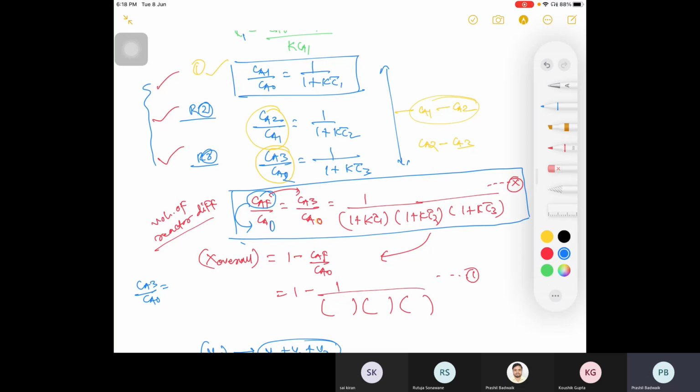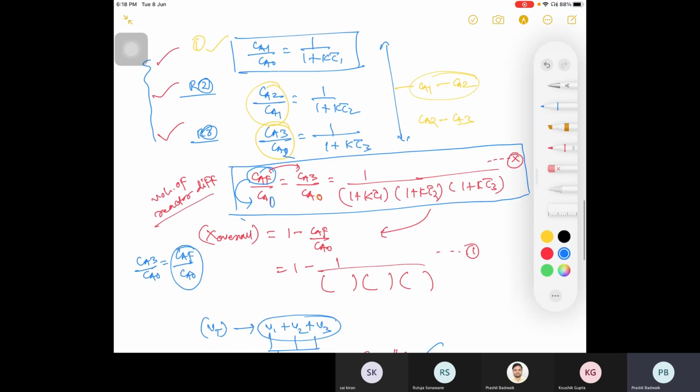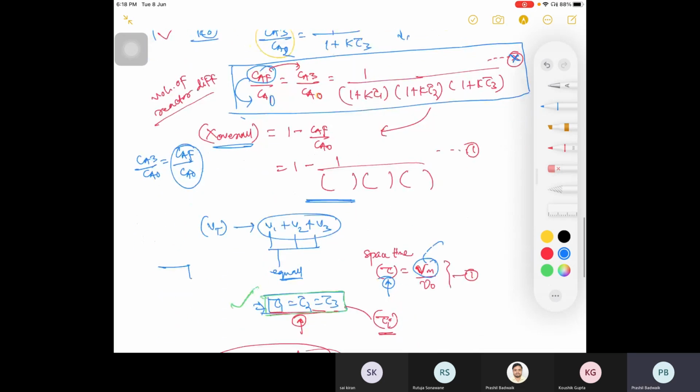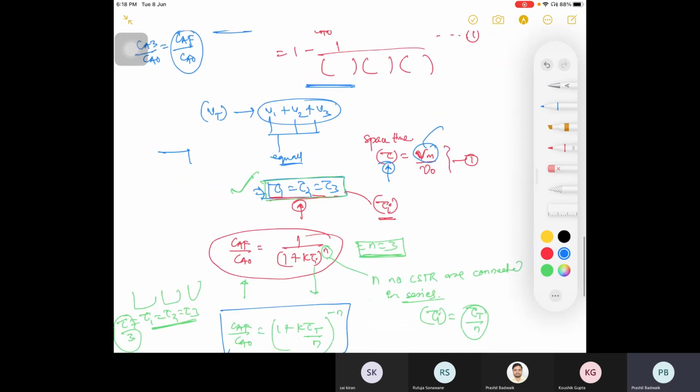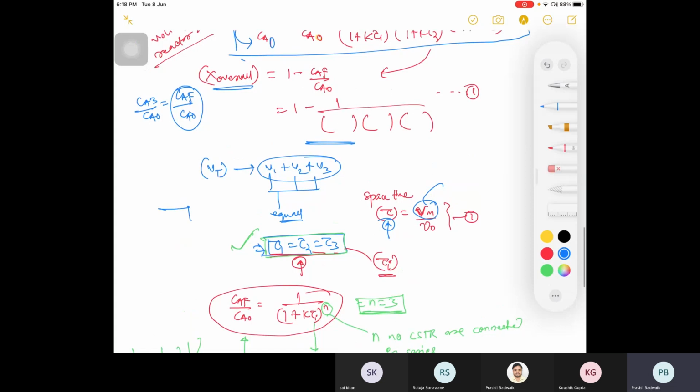If it is n number of reactors, I will write here Ca final divided by Ca initial, right? And if the volume is different, I will get this equation, this star x equation. Okay, and conversion is this. Now suppose the volume of all the reactors is equal, so what will happen here? Do you know the definition of tau?